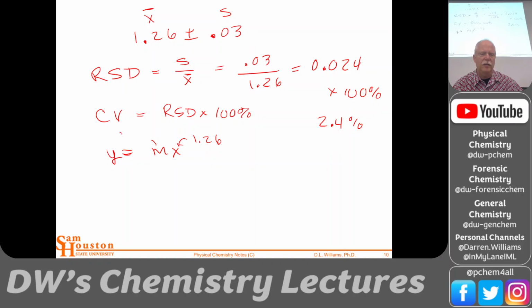And m is, I don't know, let's say 47.3 plus or minus, say, 4.7. So I'll give it 10% error. Okay. So what's the uncertainty in y?